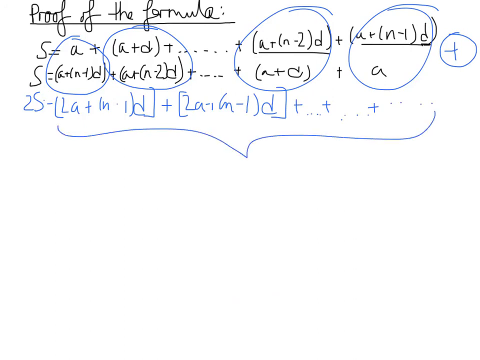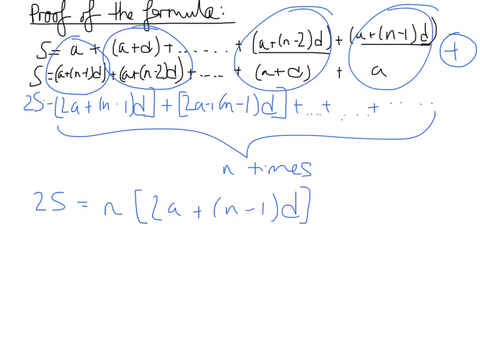So how many of these do we have? We have this n times, because there are n terms, so we can write 2S equals n times (2a plus (n take 1)d), and then we can divide both sides by 2 to get S equals n over 2 times (2a plus (n take 1)d), which is the formula. So we've proved it.